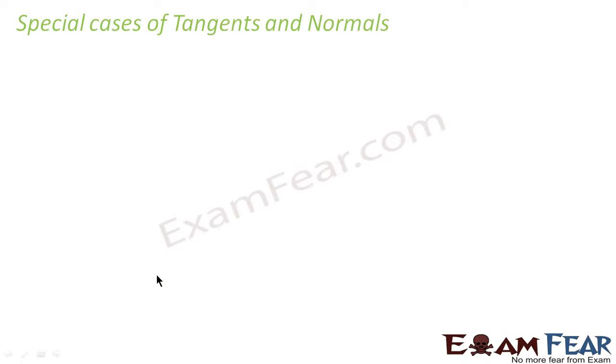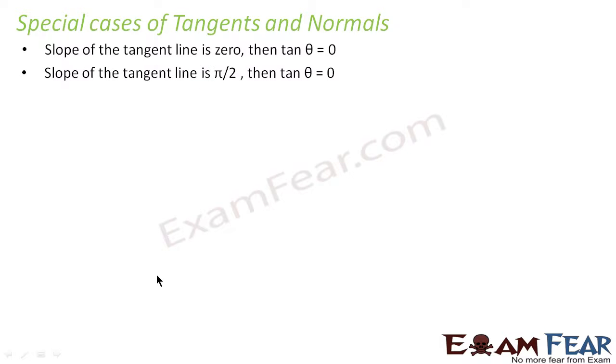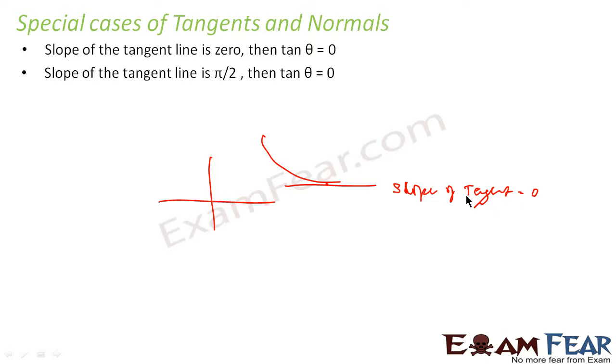We have some special scenarios in case of tangent and normal. First case, when the slope of the tangent line is 0, that is tan theta is 0, and second case when the angle of the tangent line is pi by 2. I'll tell you how. This is my slope, let's suppose. So if at this point you see, my slope of tangent is equal to 0.